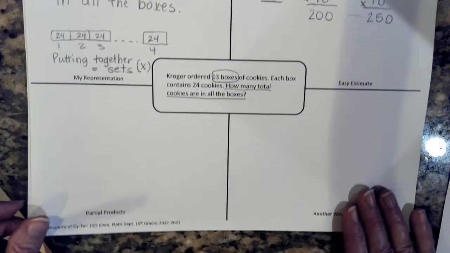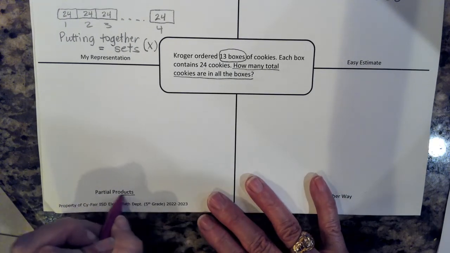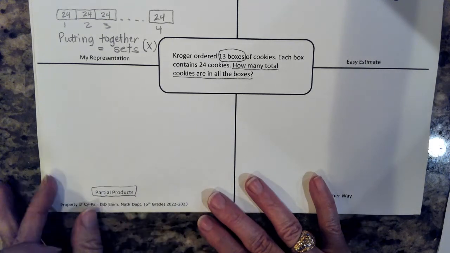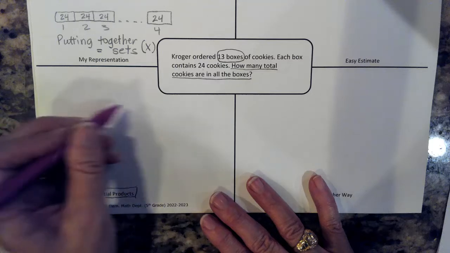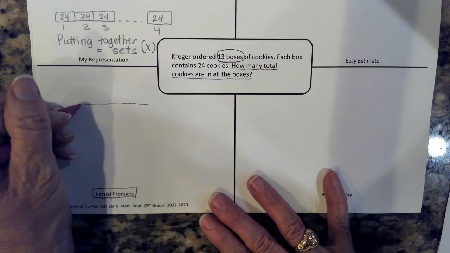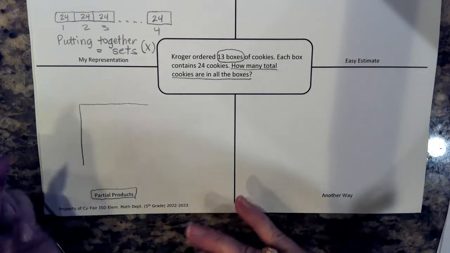The next thing I'm going to do is move down to my partial product piece. Partial product goes back to, what do you remember from 4th grade? So right now I'm going to take the numbers 13 and 24, and I'm going to expand them. I'm going to decompose these two numbers.